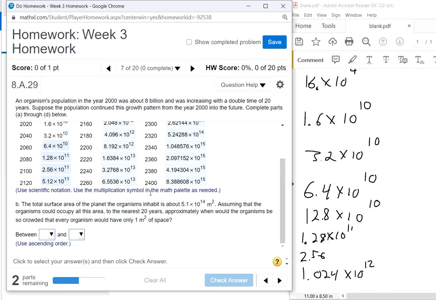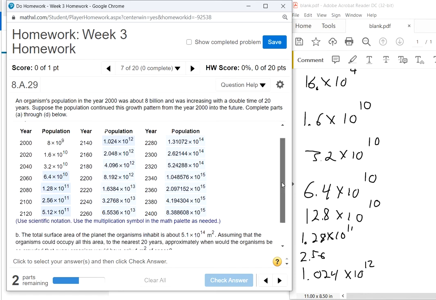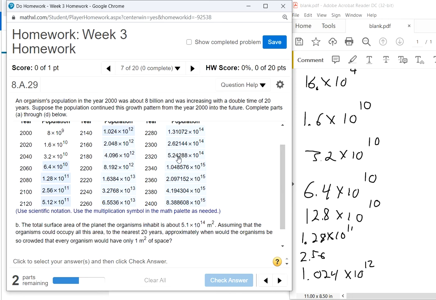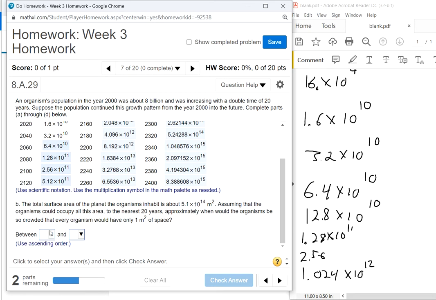So if every organism gets 1 square meter of space, and if this is the size of the place, then we're looking at 5.1 times 10 to the 14th organisms. So we have an estimate right here, 5.24, so that's above. So it happens somewhere between 2,300 and 2,320.